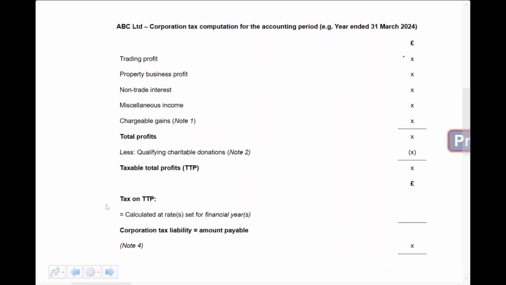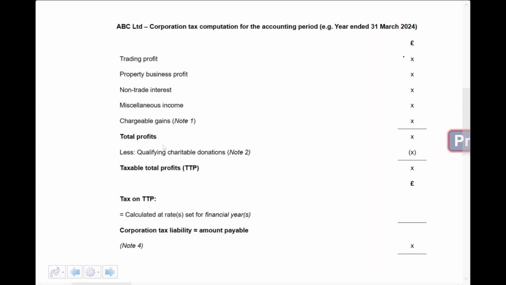Previously, the CT rate was 19%. That's it. Done. Gone. Finished. Now, there are several options, in effect three. More of that later. So there we have it. We have walked through, not in a massive amount of detail, but just to give you a feel for it.